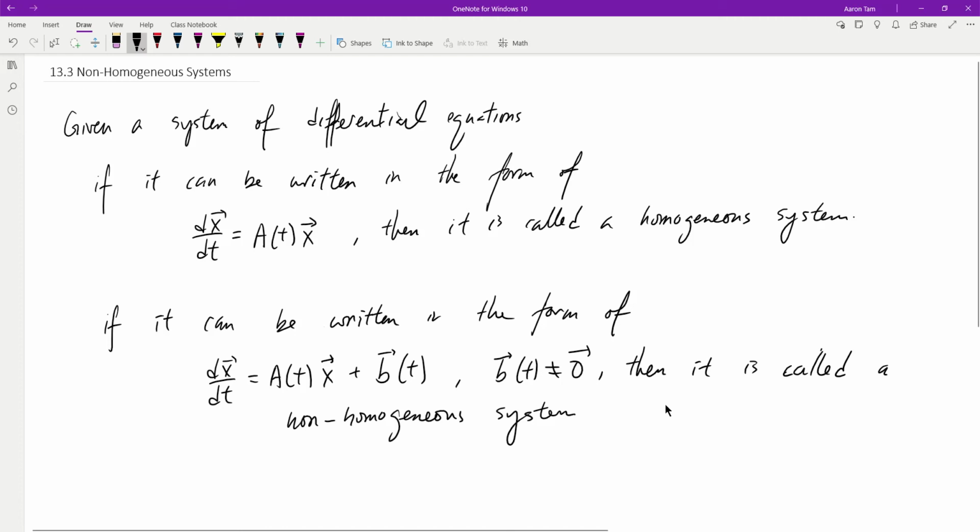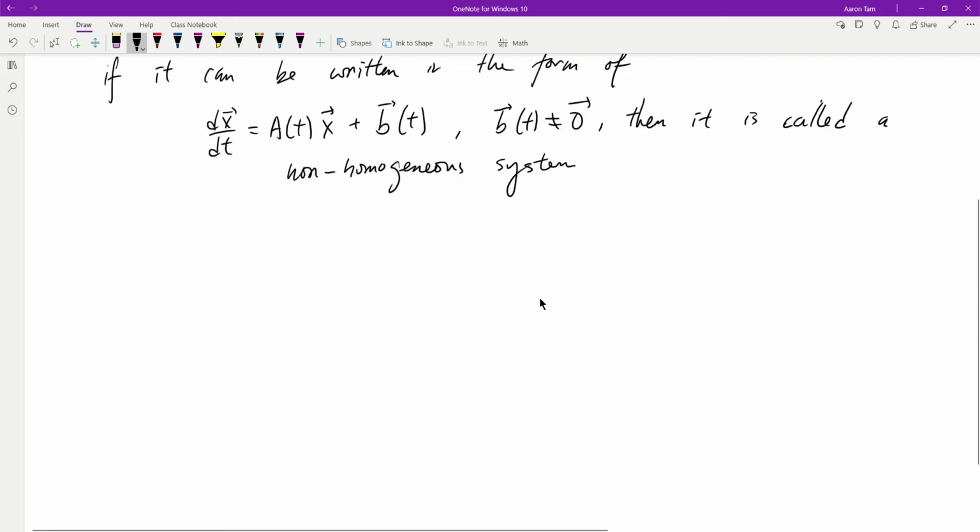So now comes the big question. What if we have a non-homogeneous system with the actual vector b of t? How would that cause an issue when we try to find the solution to it? We're going to try to figure that out.